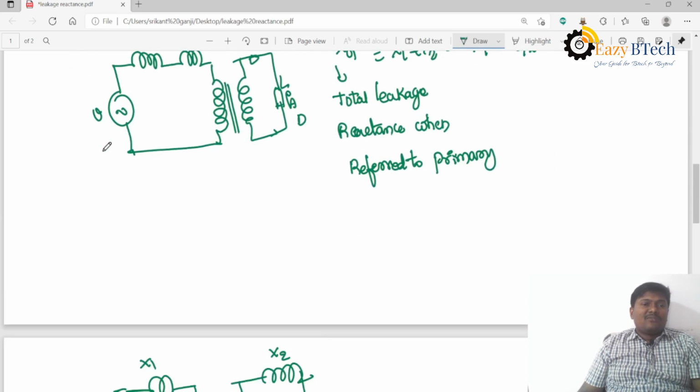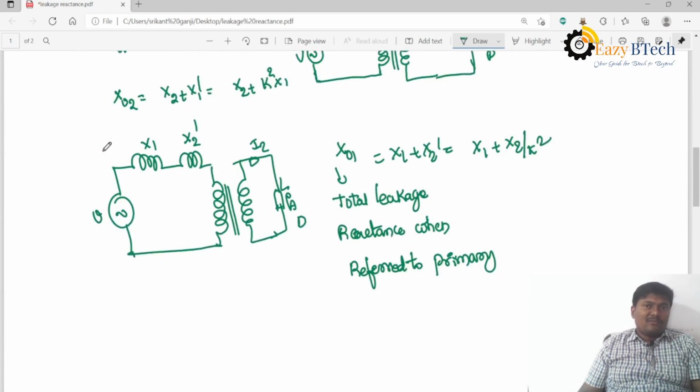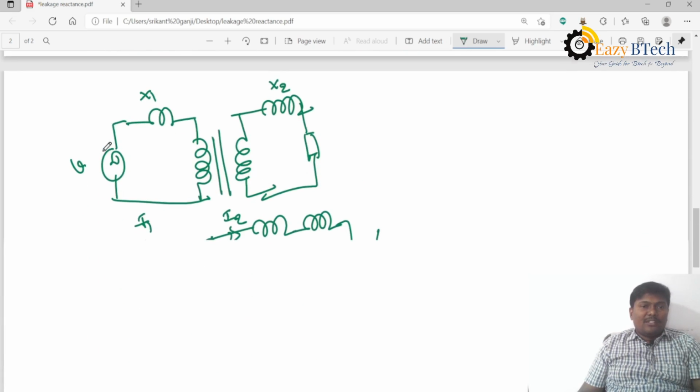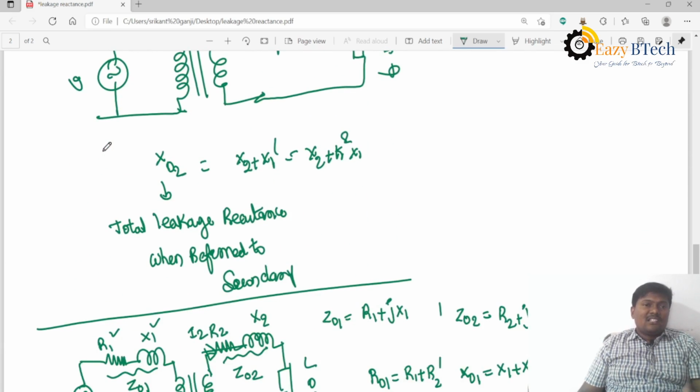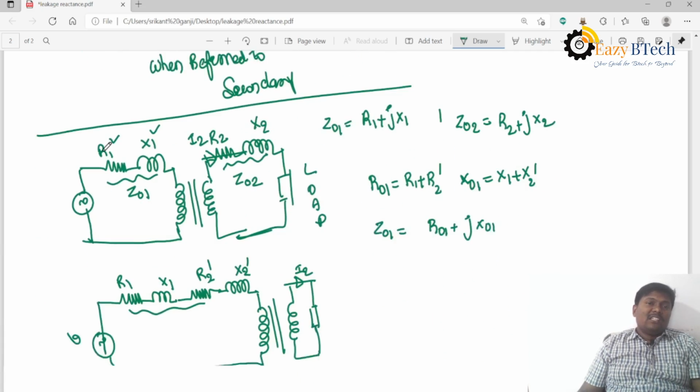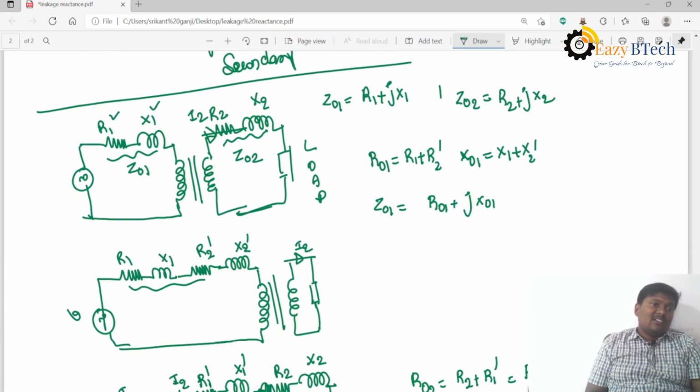And now I am shifting the leakage reactance from secondary to primary and primary to secondary. Then I got the relationship X01 and X02, that means the total leakage reactance when referred to primary and when referred to secondary. In this, we are considering the resistance as well as the leakage reactance.